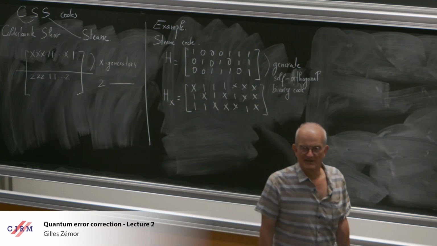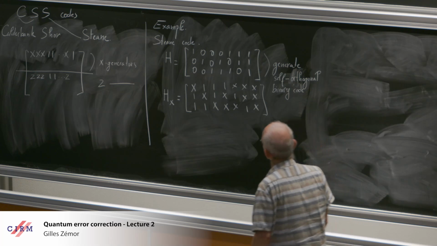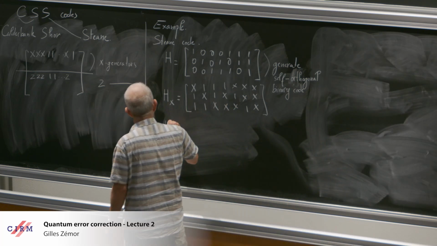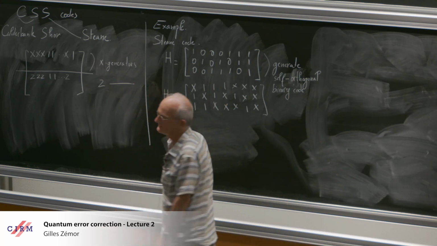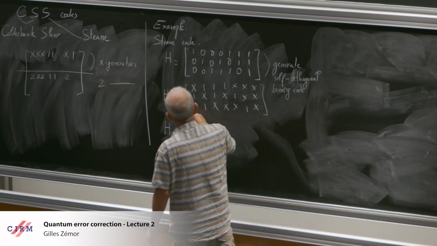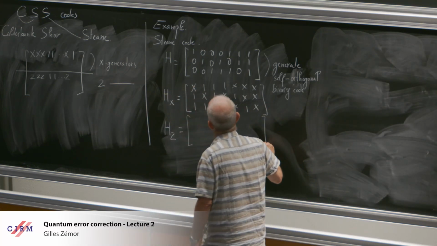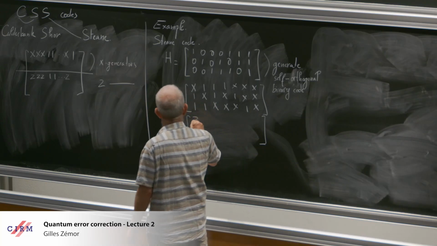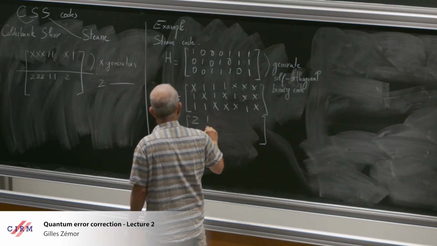That's it. That's a bunch of X generators. And you need also Z generators. In this particular case, we're going to use the very same transformation. So Z, 1, 1, 1, Z, 1.